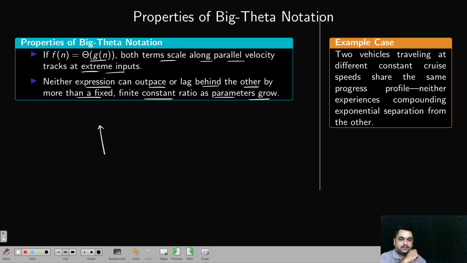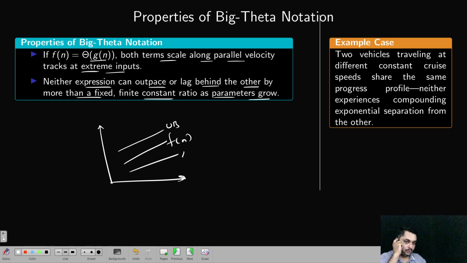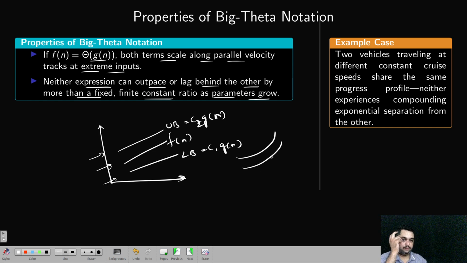You are bounding the function f of n between an upper bound and a lower bound, that is C1 g of n and C2 g of n. The g of n is not changing, so the order of growth will be parallel. When it's a curve, they will run alongside each other; one will not bend away from the other. Because theta uses the same function g of n as upper bound and lower bound.